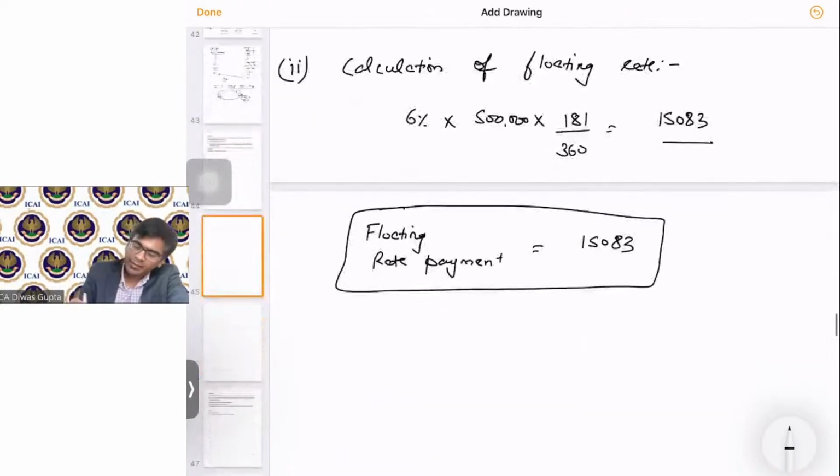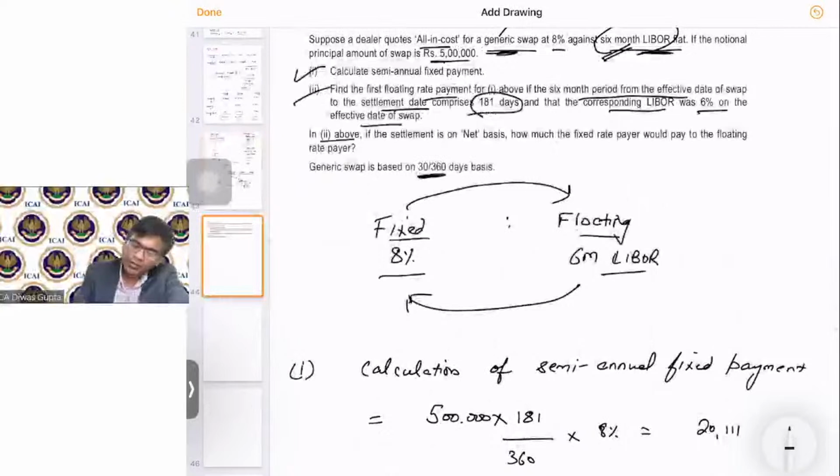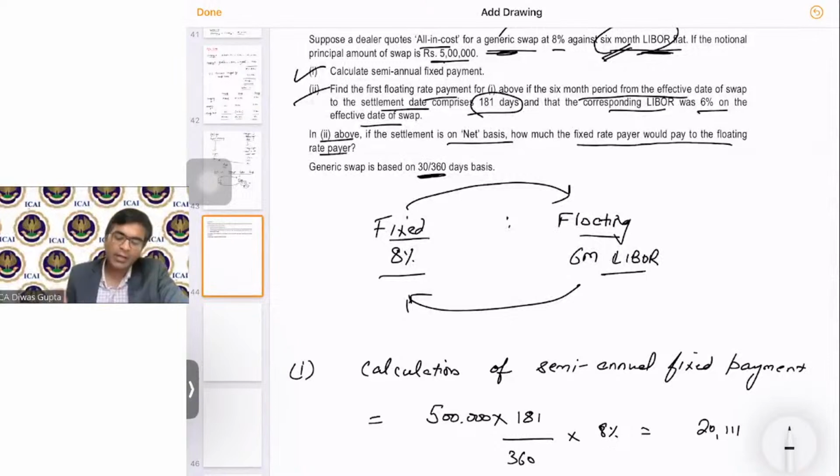Then finally the net payment, because in the last part it is also asking us to calculate. In the second part, the settlement is on a net basis. The settlement is not happening on a gross basis, it is happening on a net basis. How much would the fixed rate payer pay to the floating rate payer? Why is it saying that the fixed rate payer has to pay? Because the fixed rate payer has 8%, the floating rate payer has 6%.